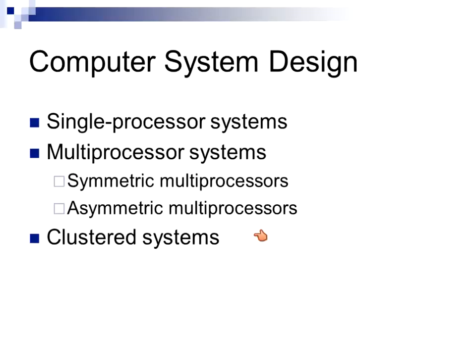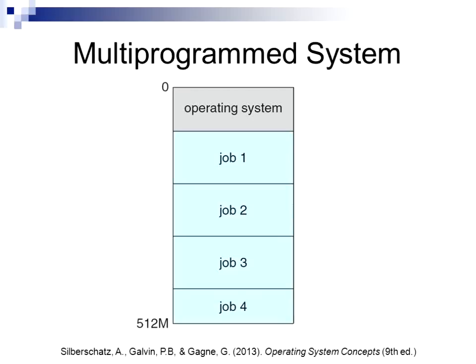We also have clusters, which differ slightly from multiprocessor systems. In this case, usually all the systems are working together. In other words, one task is being divided between these different systems, rather than discrete tasks being given to different computer systems.